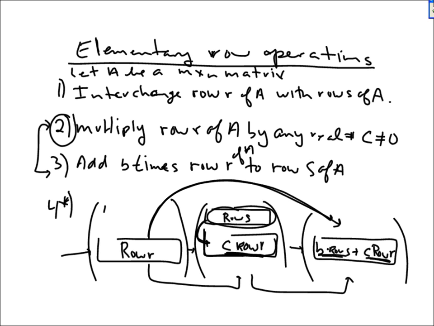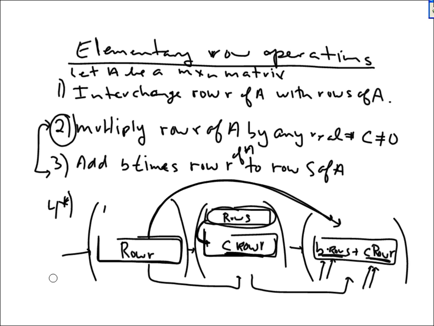I'll call it condition 4. You can add a multiple of one row to a multiple of another row. Here's the multiple of one row, and I'm adding it to a multiple of another row.